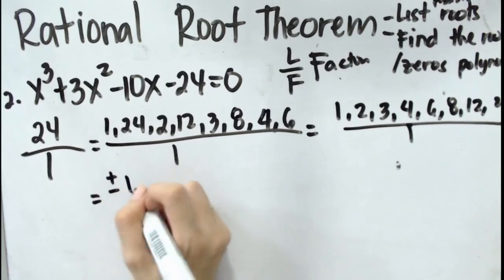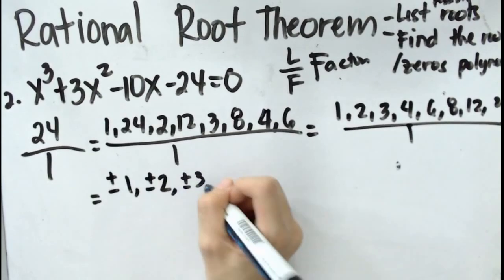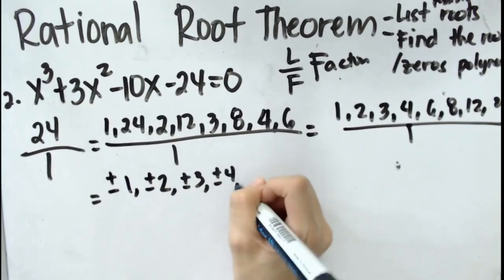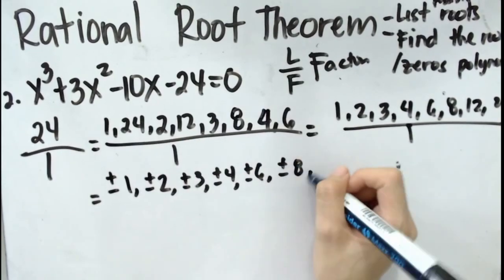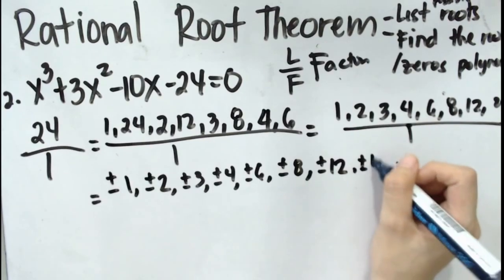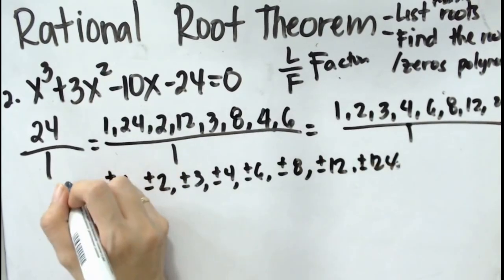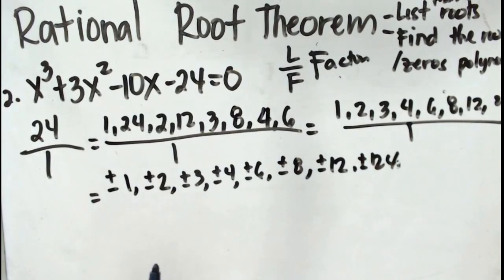Positive and negative 1, 2, 3, 4, 6, 8, 12, and 24. These are the list of all possible roots.